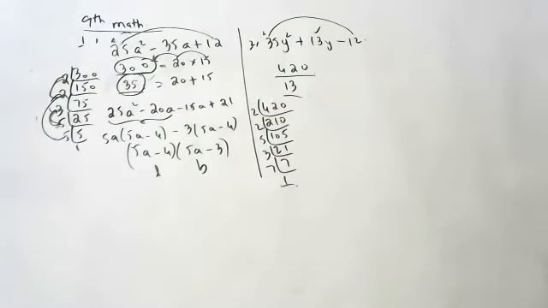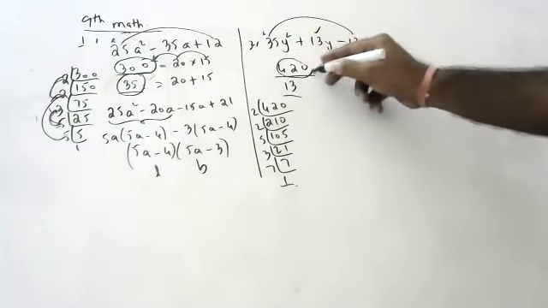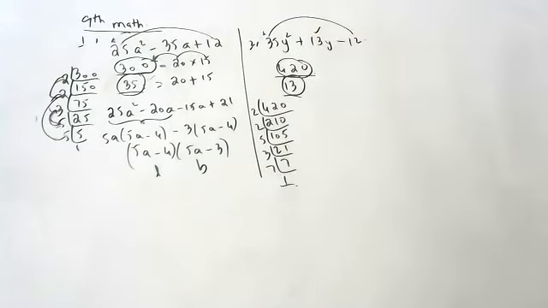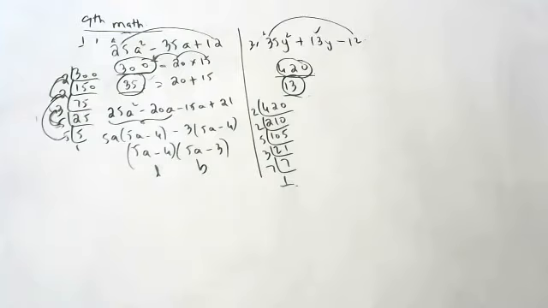What are the numbers, children? On multiplication 420 should come, plus or minus 13 should come. Sir, 25 and 12.